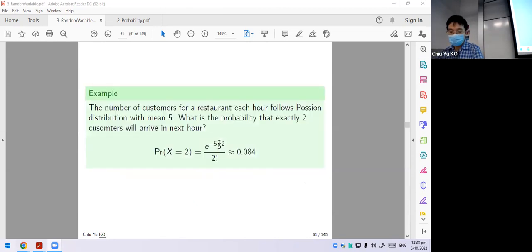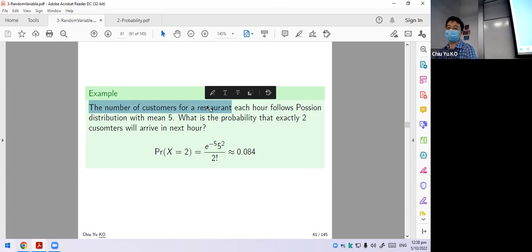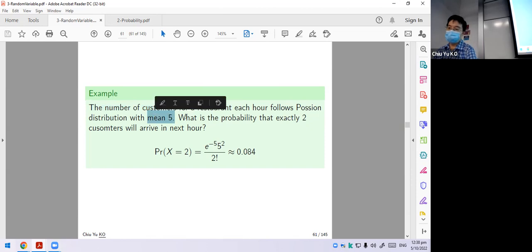Let's give you an example of why Poisson is very useful. This is the problem: we have a restaurant, and each hour people come in following a Poisson distribution with mean 5. The first question is why you assume it's Poisson.